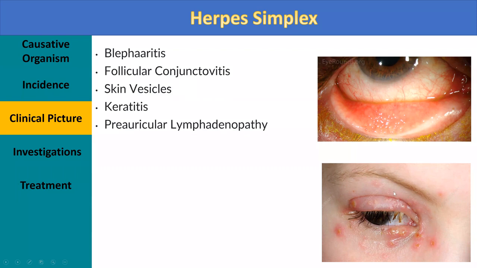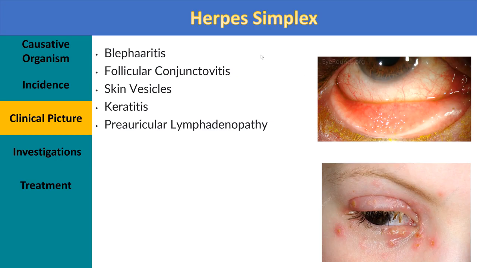These are lid vesicles caused by the herpes, and they will have follicular conjunctivitis. Also, they can develop keratitis. So our aim in these patients is to prevent the keratitis or to manage the keratitis if it happens.